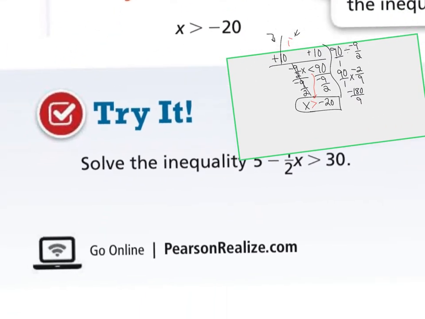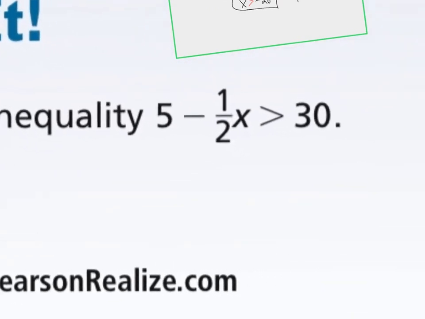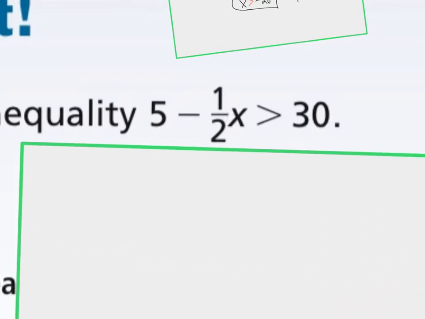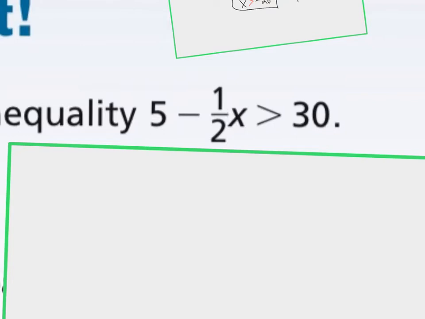So if we look at the try it at the bottom of the page, again, we have to be careful that we're doing the right thing when we're working out these problems. In other words, people look at this problem sometimes and they say, oh, they're subtracting, I need to add.